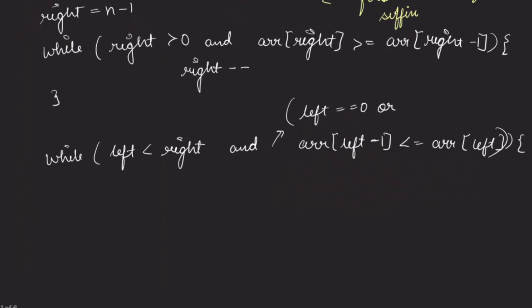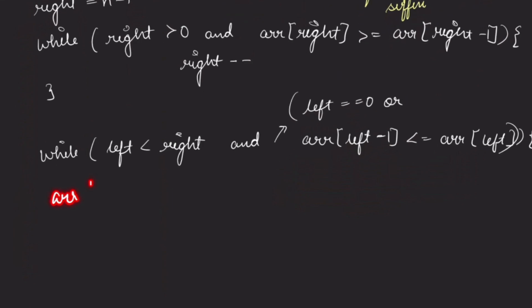So now when you have gone inside, now what you need to do, you need to find out the valid right index, right? Now how you will identify that? So you need to identify the first index where ARR of left is less than or equals to ARR of right, right? Then that means while ARR of left is greater than ARR of right, you will keep on moving towards the right, right?